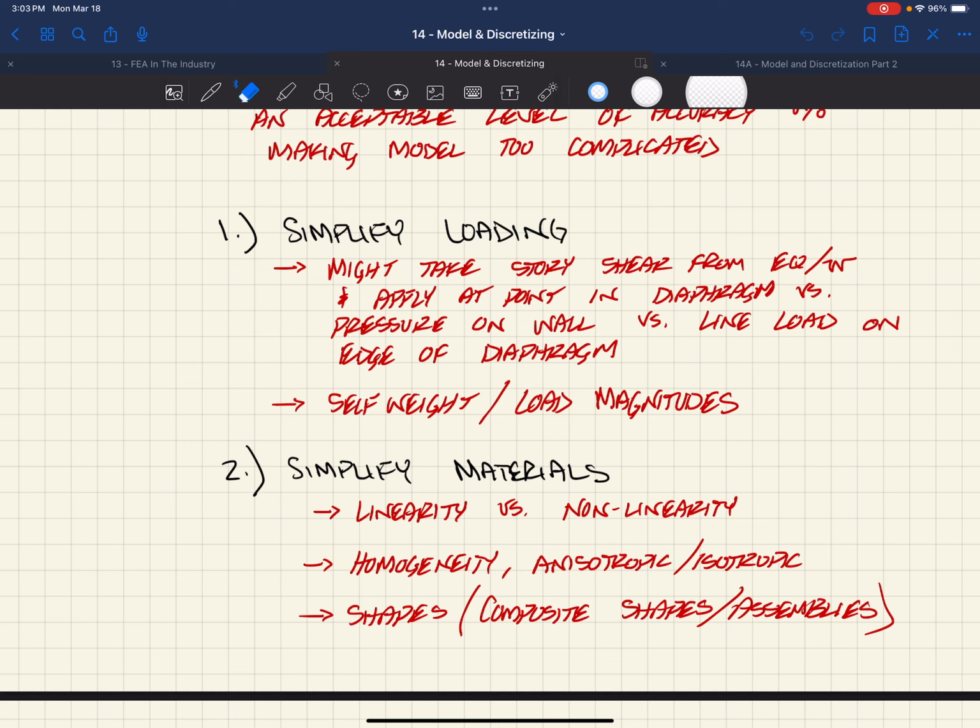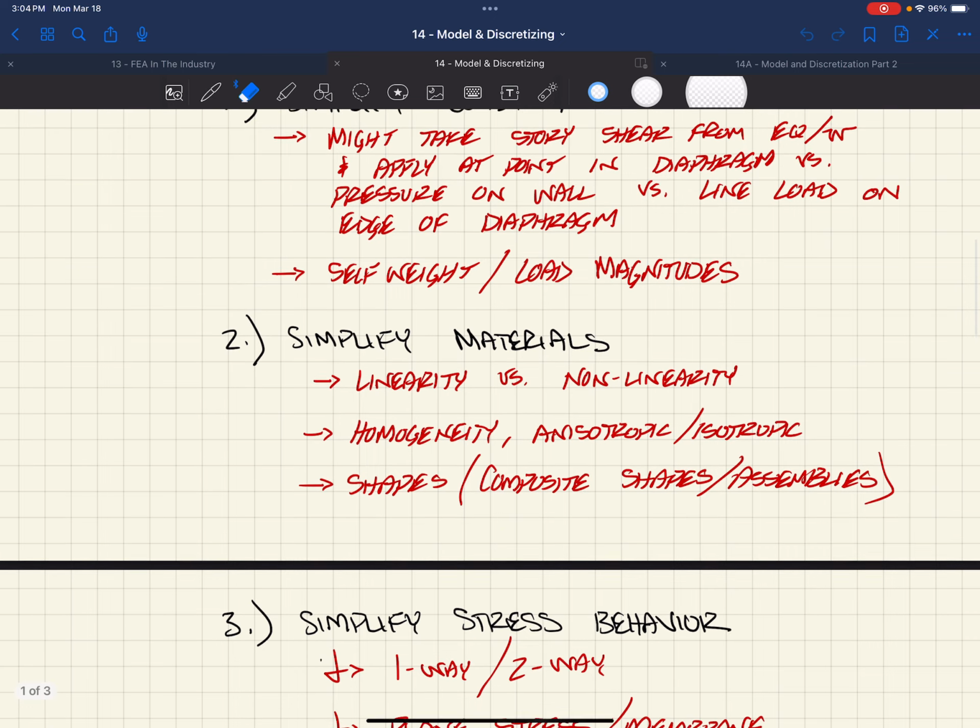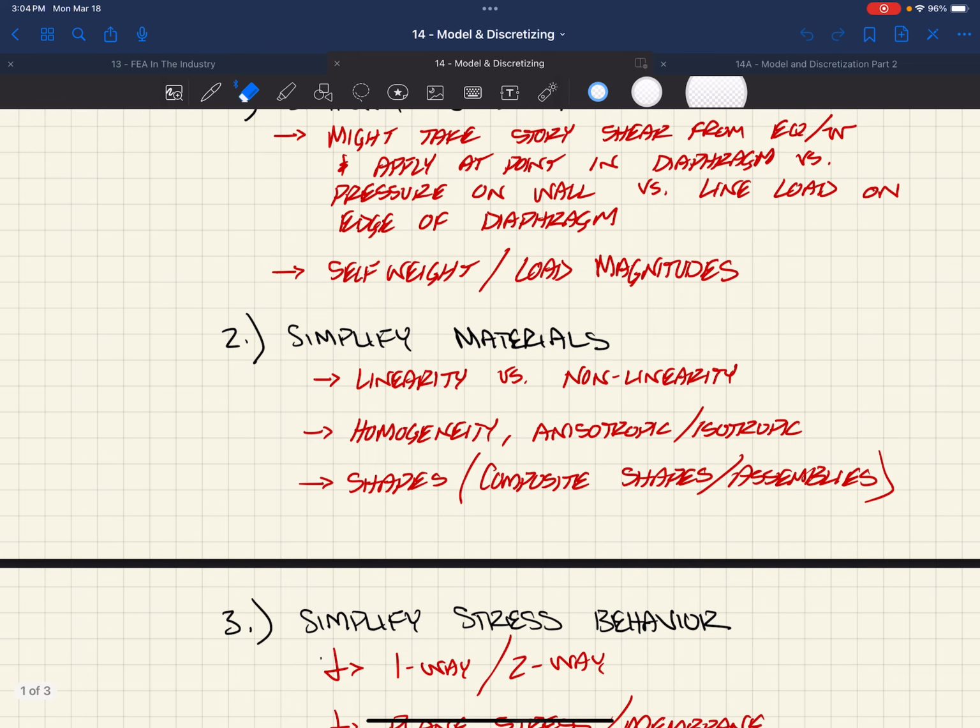But it might not change the accuracy of our analysis, because it might be okay if we just apply a diaphragm point load as our base shear at each level, versus putting a line load on the side. We talked about that last week a little bit. Also, modeling self-weight versus considering just load magnitudes. There are just some simplifications there.